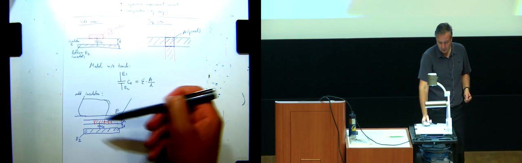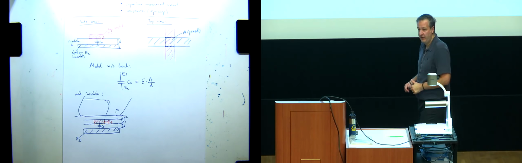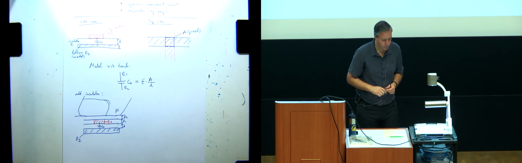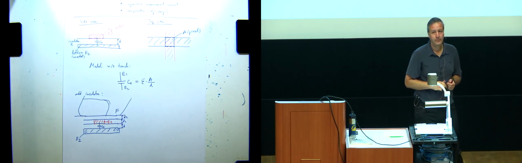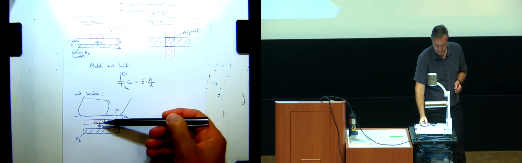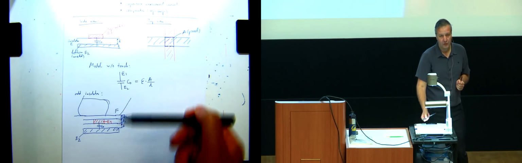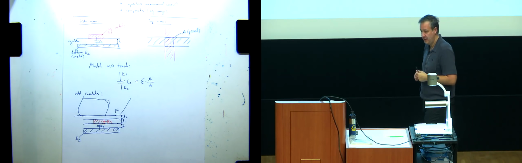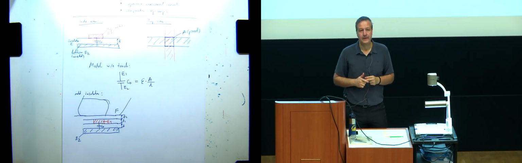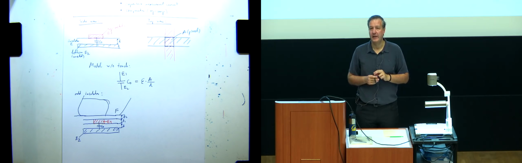If I add this electrode, what other capacitances do I have in my system? Here, when we added E1 and E2, we had C0. Now we have another electrode. So what are all the other capacitances that get formed? Any ideas? Yes?